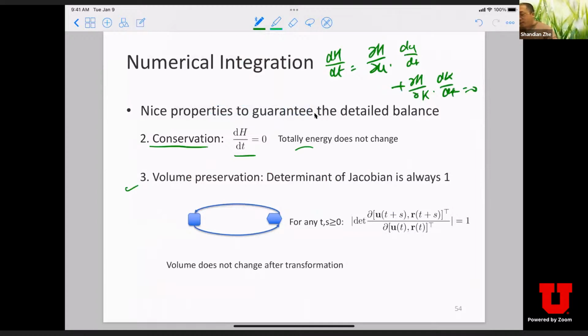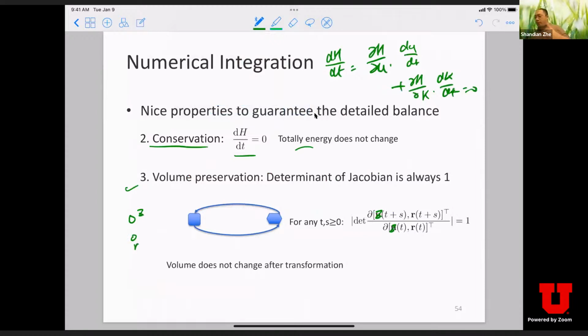What does it mean? We know that the U, the potential energy, and the kinetic energy, and Z here is the position vector and R the momentum vector, they're random variables.